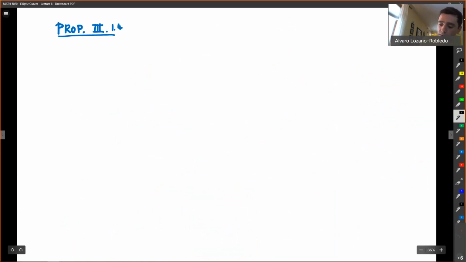So let E be given, an elliptic curve that is given by a Weierstrass equation. Then there are three parts to this.